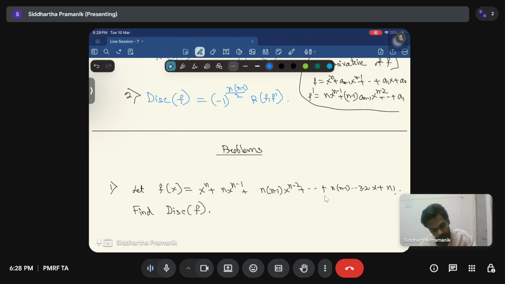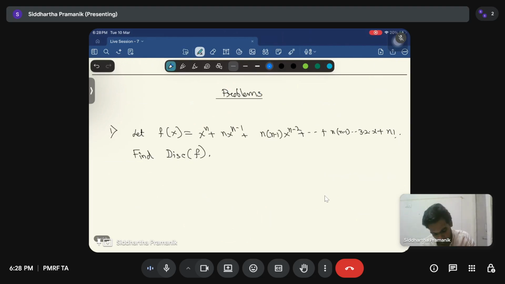So how to find the discriminant of this polynomial? In general, we know the definition of a discriminant.